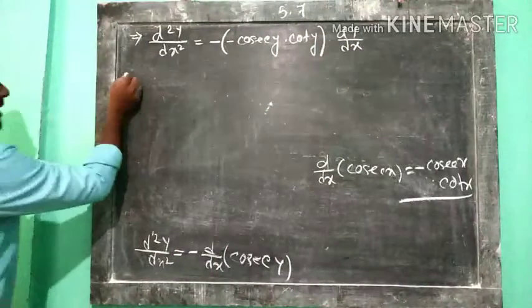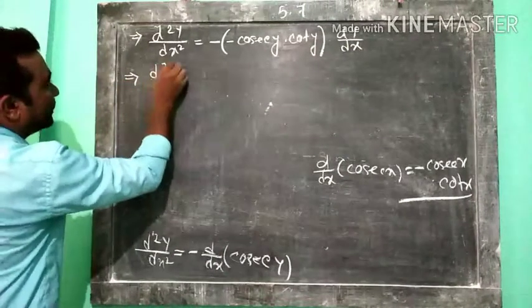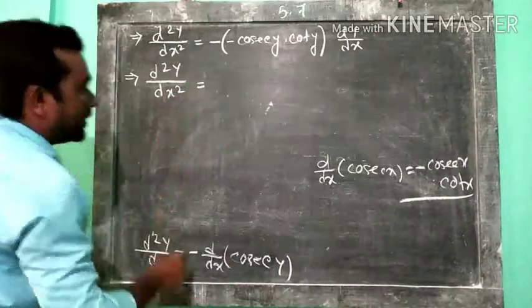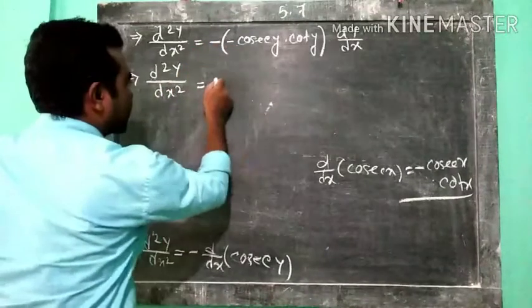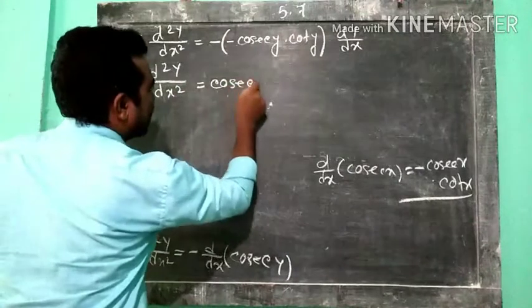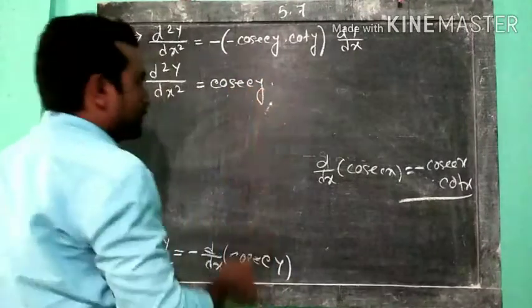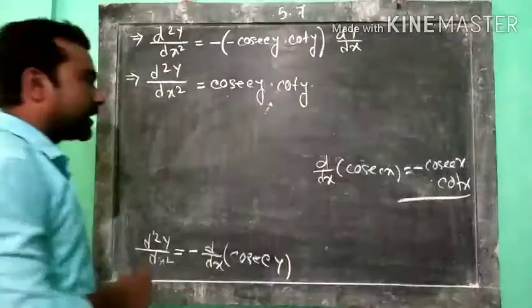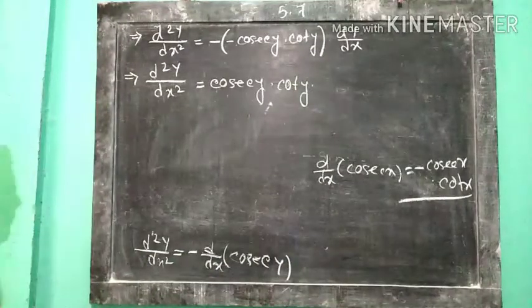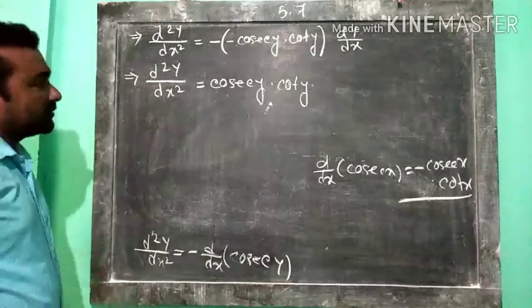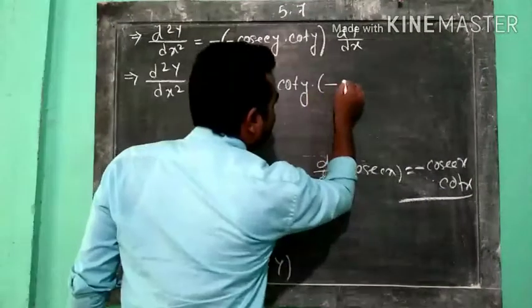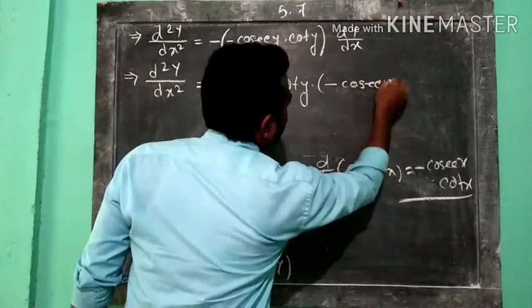So d2y/dx2 equals, minus minus is plus, cosec y into cot y into dy/dx. In the earlier equation, we have dy/dx equal to minus cosec y.